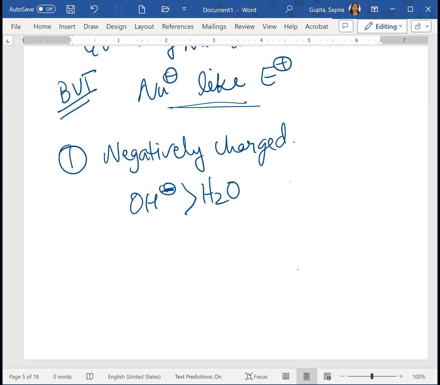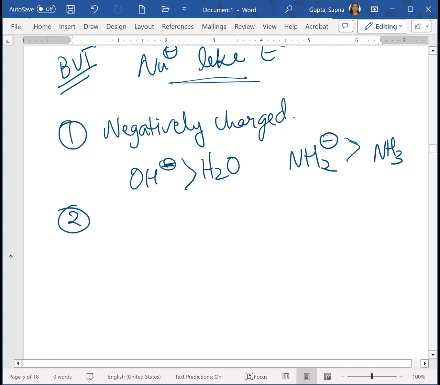Keep it simple. Similarly, if you had amide and ammonia, amide is the conjugate base of ammonia, so amide will be better because it is negatively charged. It's more electron rich. So that's one criterion, if you have things that are similar.